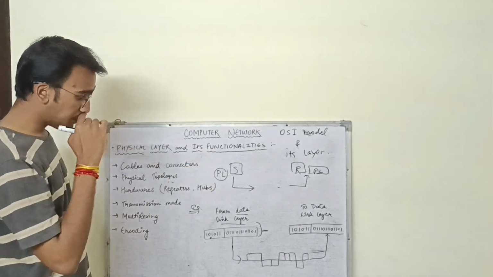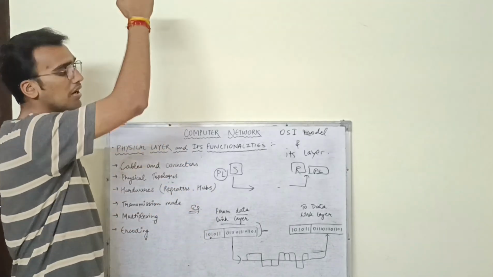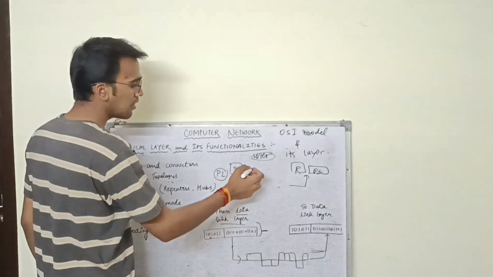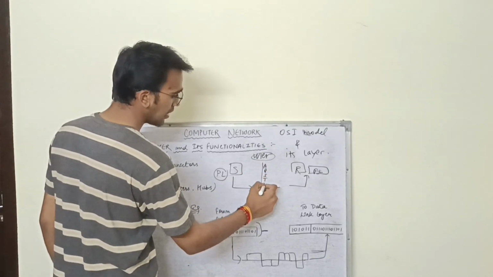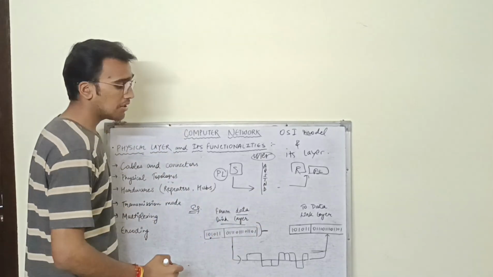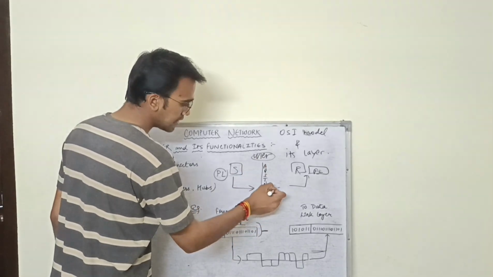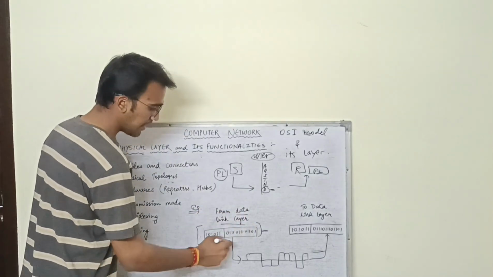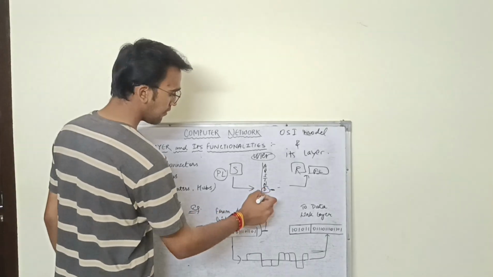A user sends the data, and it goes from application, presentation, session, transport, network, then to the data link layer. From the data link layer, the data is in the form of bits, and it goes to the physical layer.